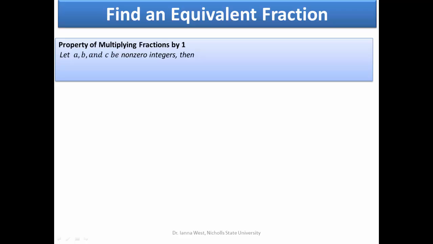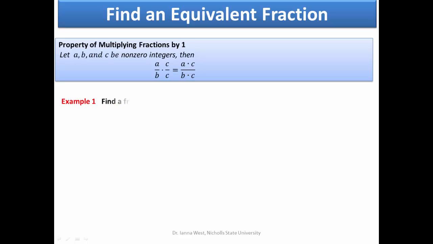Let a, b, and c be non-zero integers, then a over b times c over c equals a times c over b times c. Recall that any number over itself is 1, so multiplying a over b times c over c is the same as multiplying it by 1.